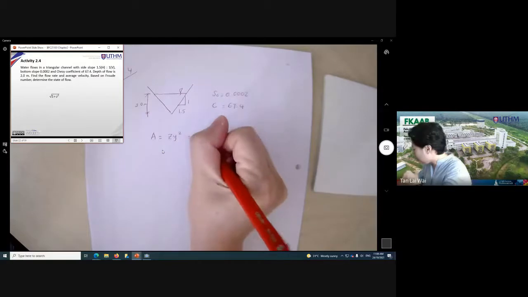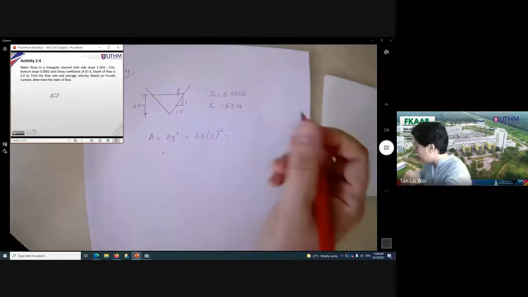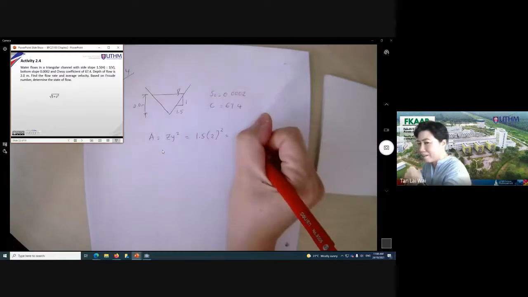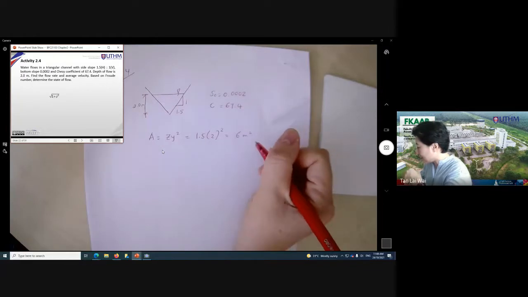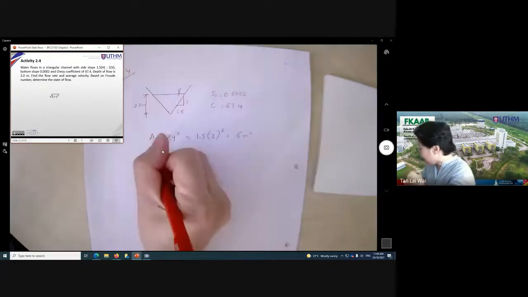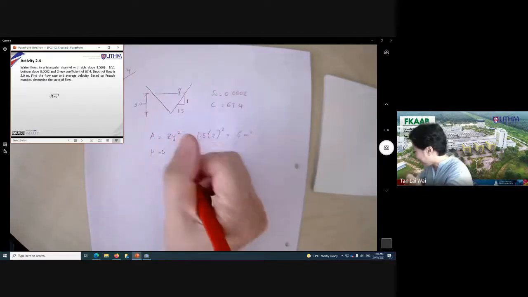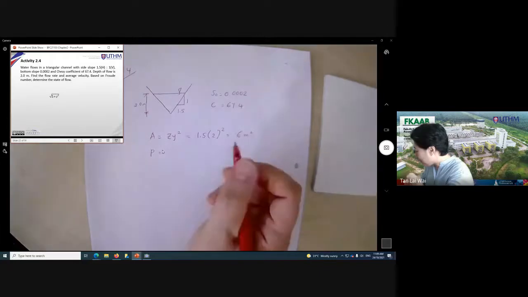So Z would be 1.5, right? Agree? Betul, Doctor. Okay, thank you. Liana, continue, please. Now, what is the formula for the wetted parameter?